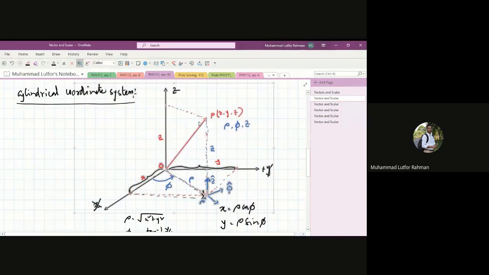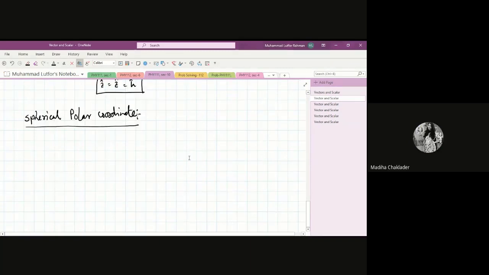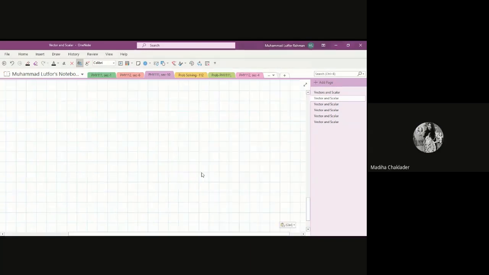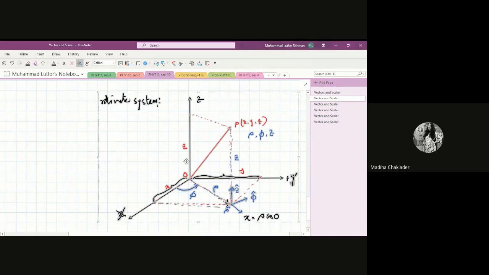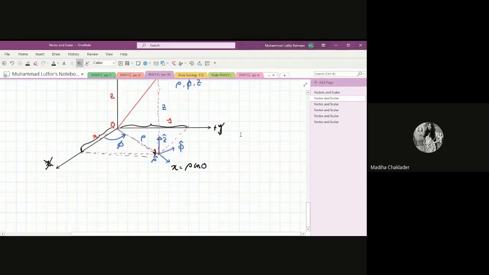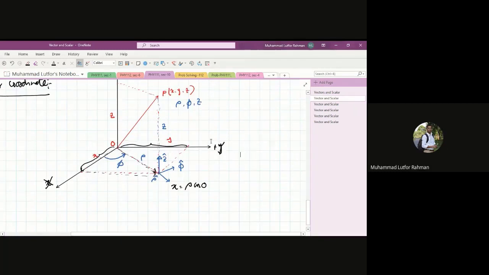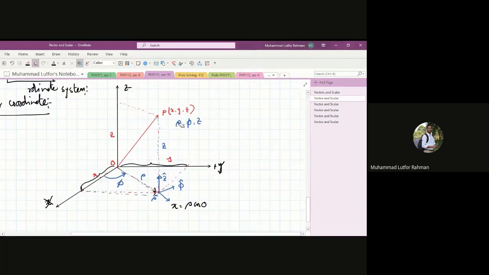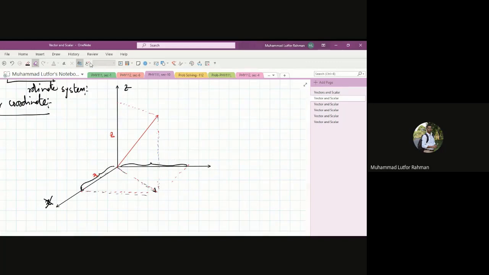So in a spherical coordinate system, we have different variables basically. Say this is my y.